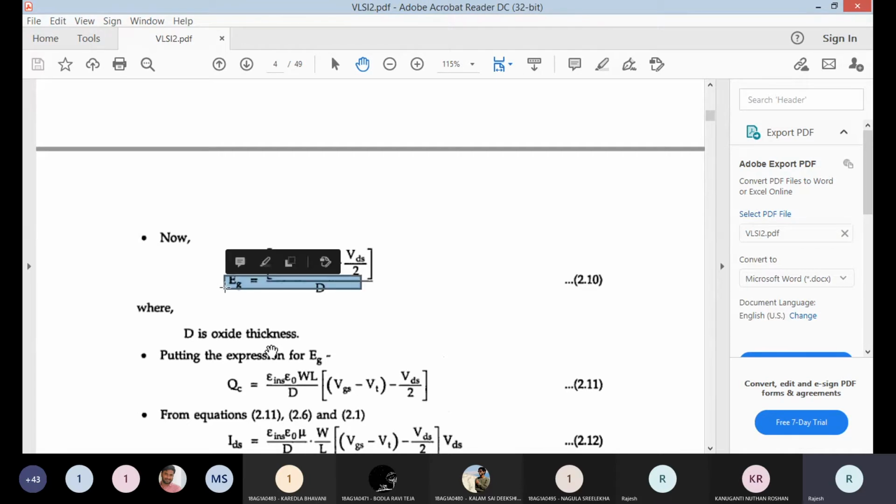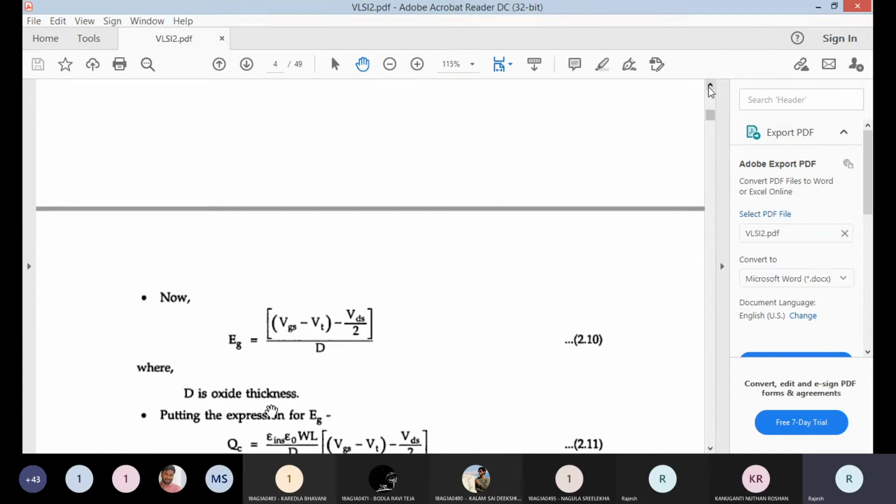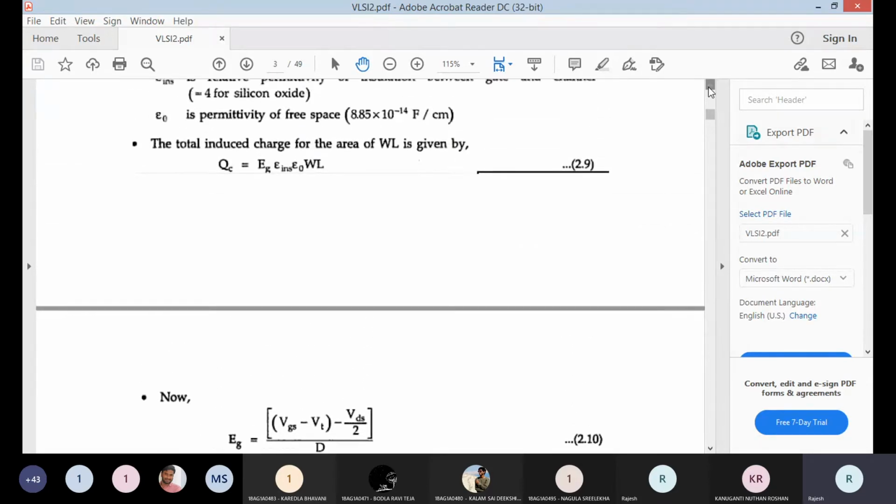So EGS is nothing but VGS minus VTN, this is effective voltage between gate to channel, by thickness capital D. But you have to subtract the electric field due to VDS. So that is represented as minus VDS by 2. So that is the average potential difference applied between drain to source.